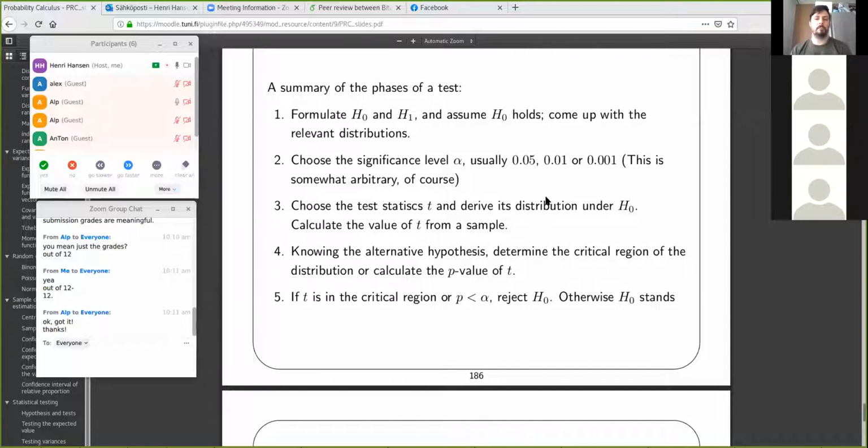And if it's not, then H0, your null hypothesis, remains in place. So this is statistical testing for you. This is the general template for it. I'll show you some examples of this, and we'll learn to do a couple of statistical tests here.